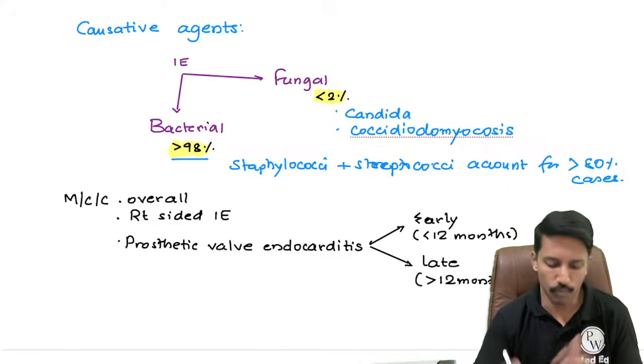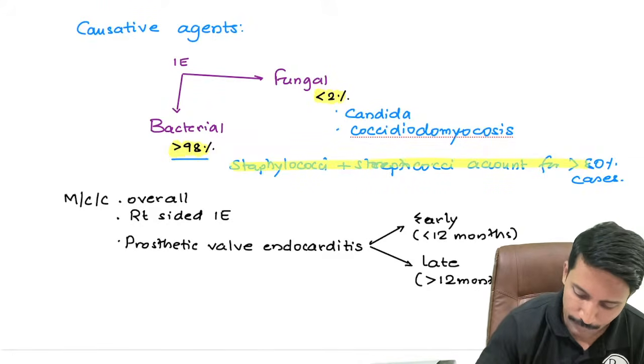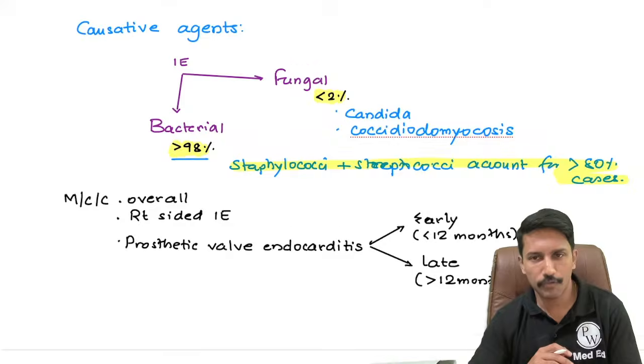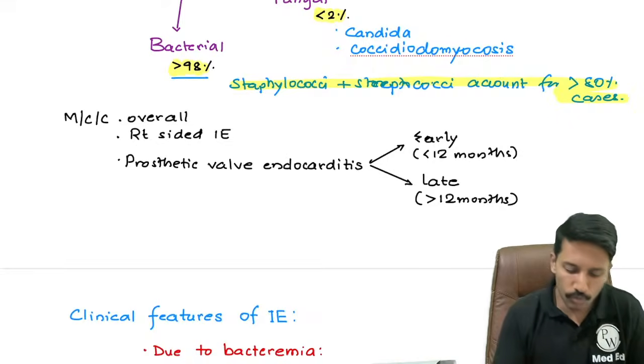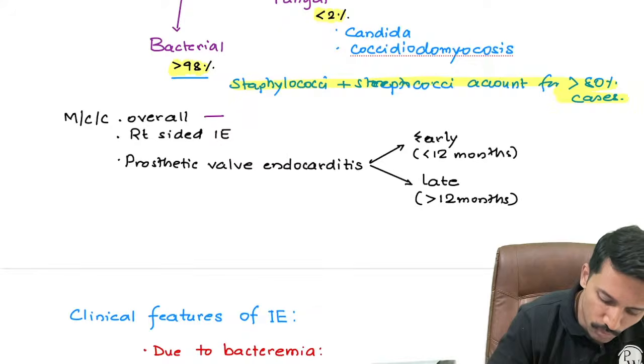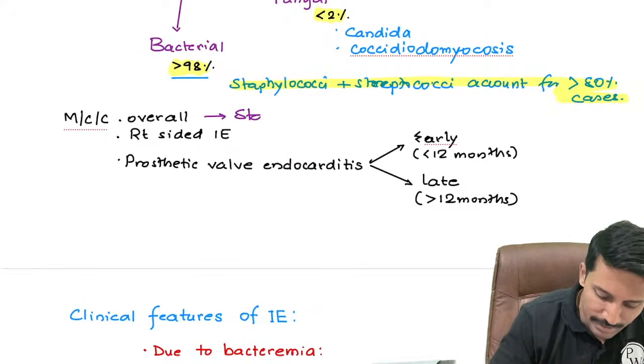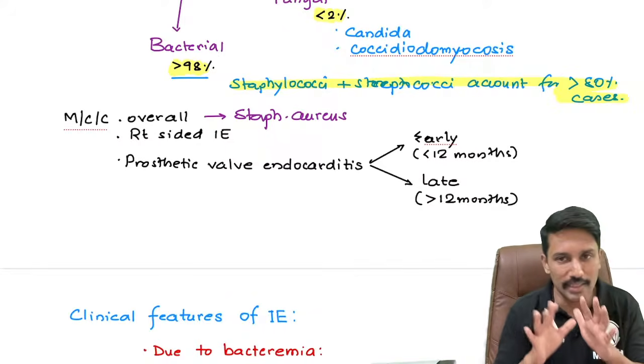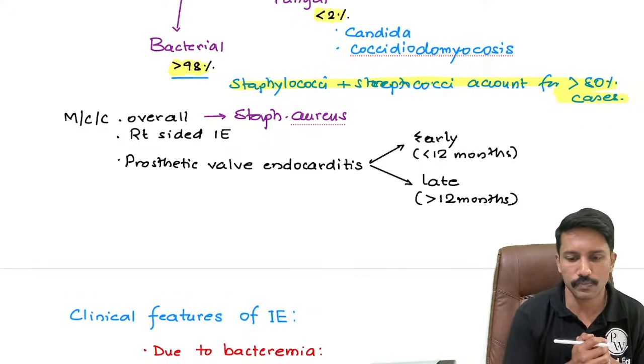Staph and Strepto account for more than 80% of cases of infective endocarditis. Okay. There are a few extra points to write here. The overall most common cause today, when I was in MBBS, it used to be the Streptococci. Today it is Staph aureus. Staph aureus is the most common cause of infective endocarditis worldwide. Okay.